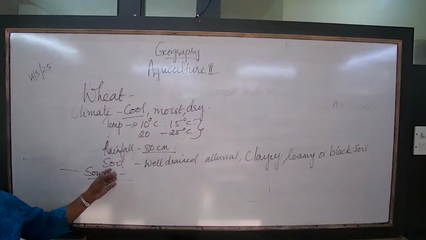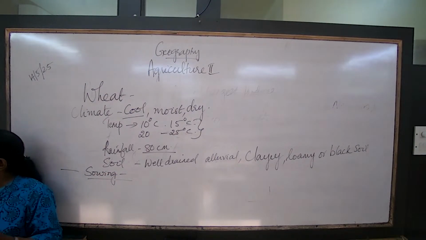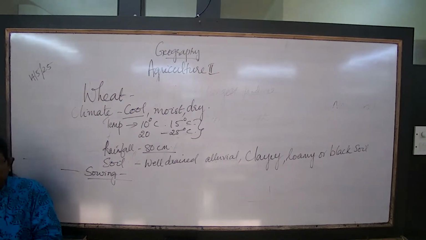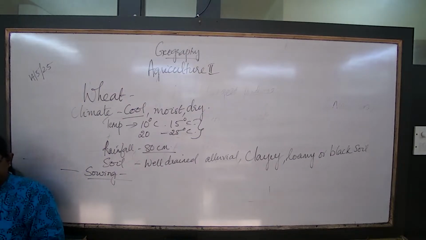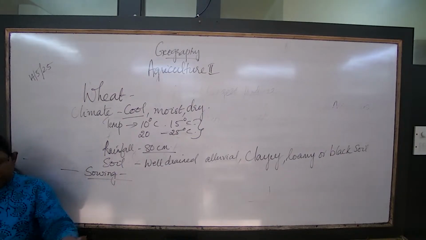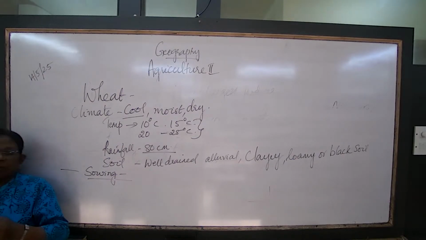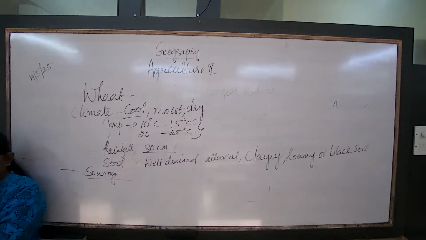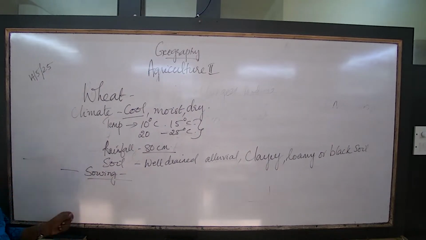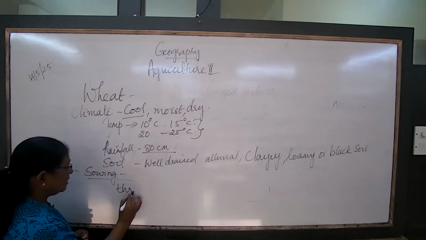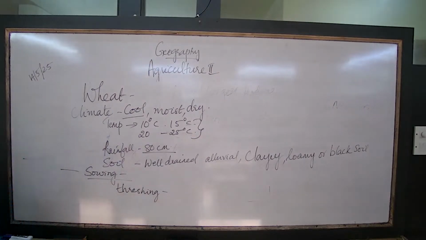Again, the harvesting process. We have seen some pictures of how rice is harvested with the help of a harvester. Wheat is also harvested in the same way with the help of a harvester. Then threshing is also done within that harvesting machine and the grain is separated. In some places the threshing work is done under the feet of bullocks.